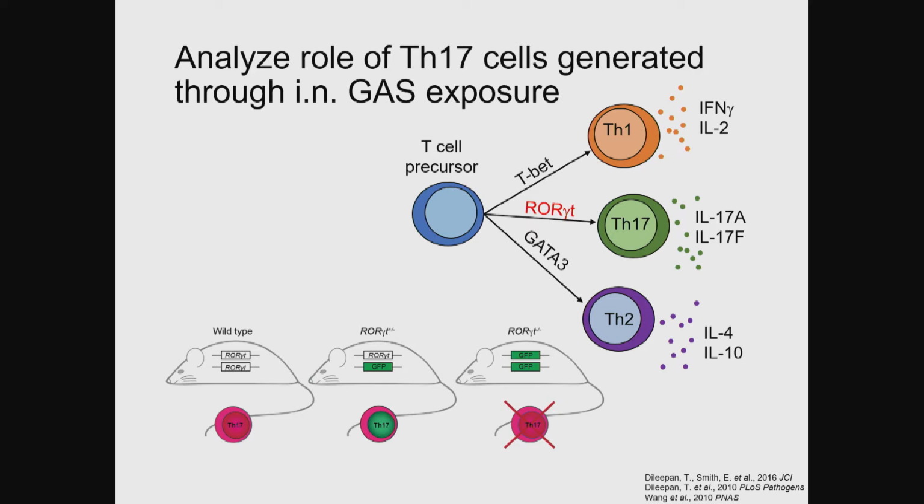And in ROR gamma T knockouts, both copies of the ROR gene are replaced with GFP, so Th17 cells can't differentiate or develop, and we've effectively eliminated them. We can isolate the contribution of Th17 to disease processes by looking at what disease looks like in these knockouts. Anything that's not there, we know is due to the presence of Th17.